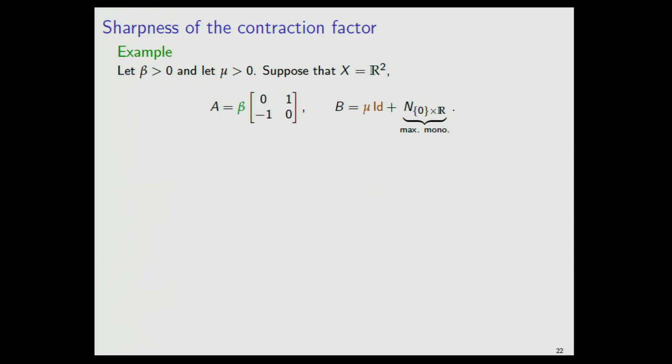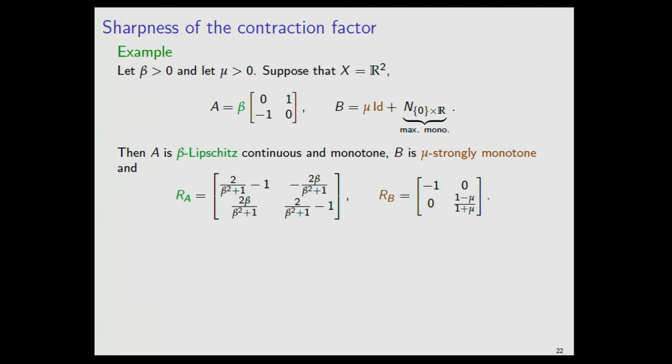The contraction factor is sharp in the case where we have a skew operator. So we can just look at this example. Here A is beta Lipschitz, B is mu strongly monotone. You take a normal cone operator, which is maximally monotone, and then through a positive multiple of the identity, you get strong monotonicity. So the operator fits exactly the setting that we are looking for.